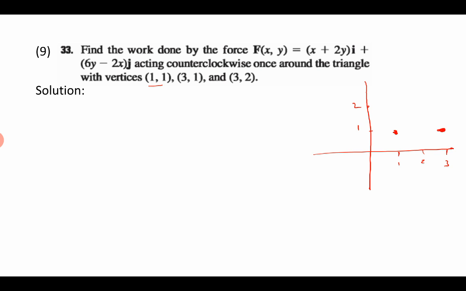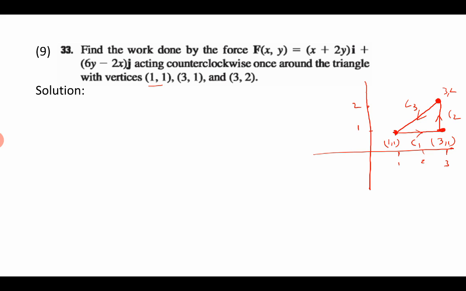The third point will be here. This is 1 comma 1, this is 3 comma 1, this is 3 comma 2. So there are 3 line segments. This can be c1, this can be c2, and this can be c3, anti-clockwise. This is the positive direction of the integration.